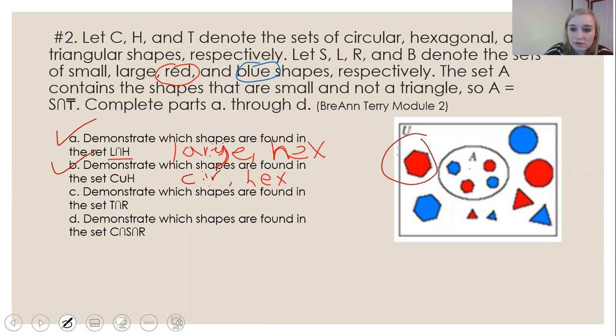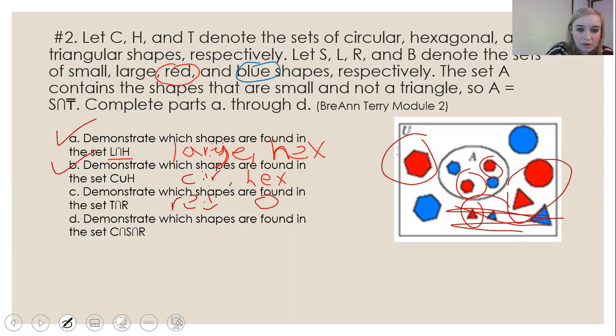So that is these shapes, but it cannot be triangles. So red, not triangles.